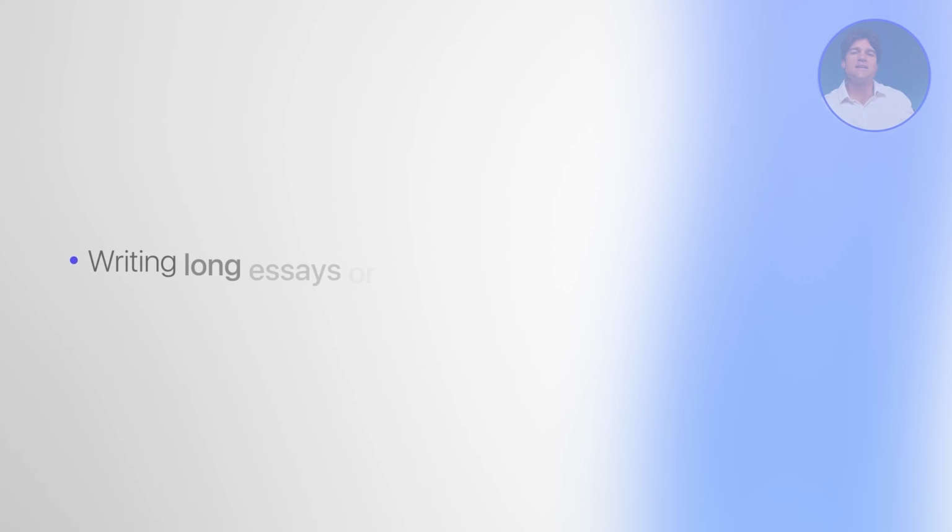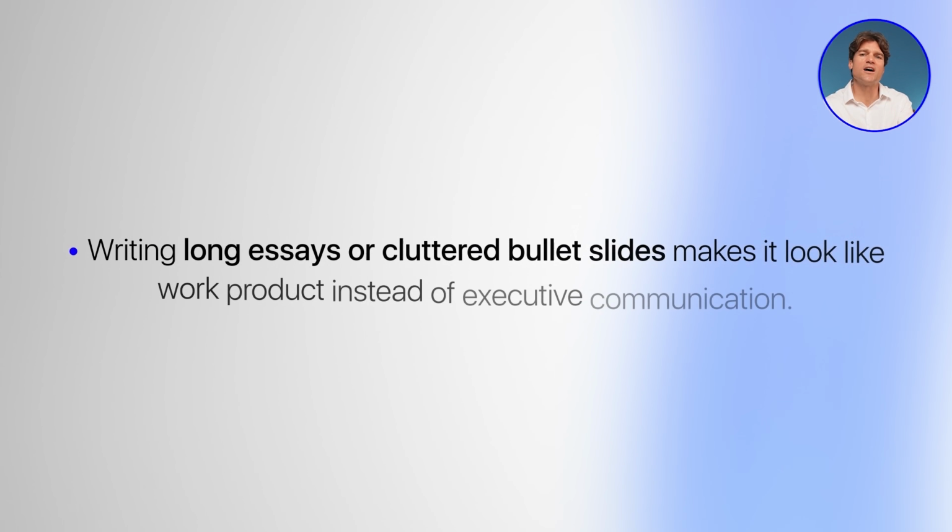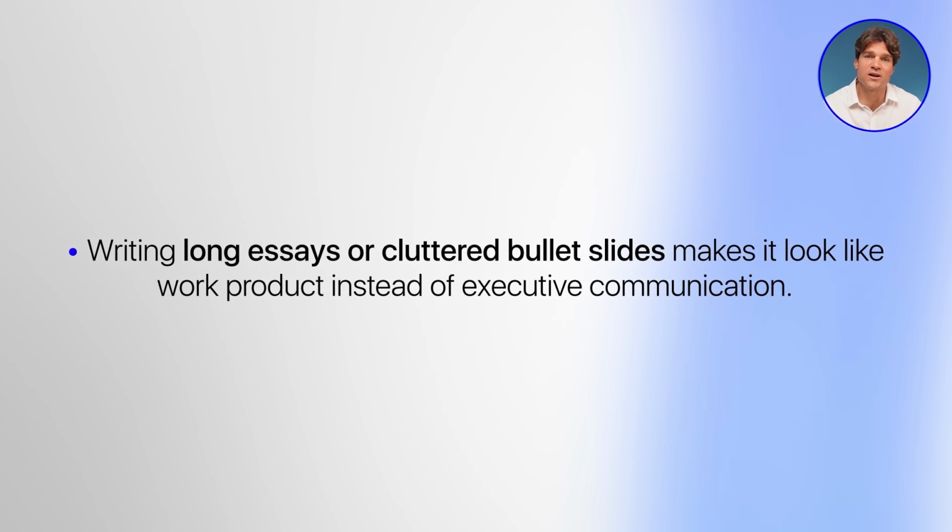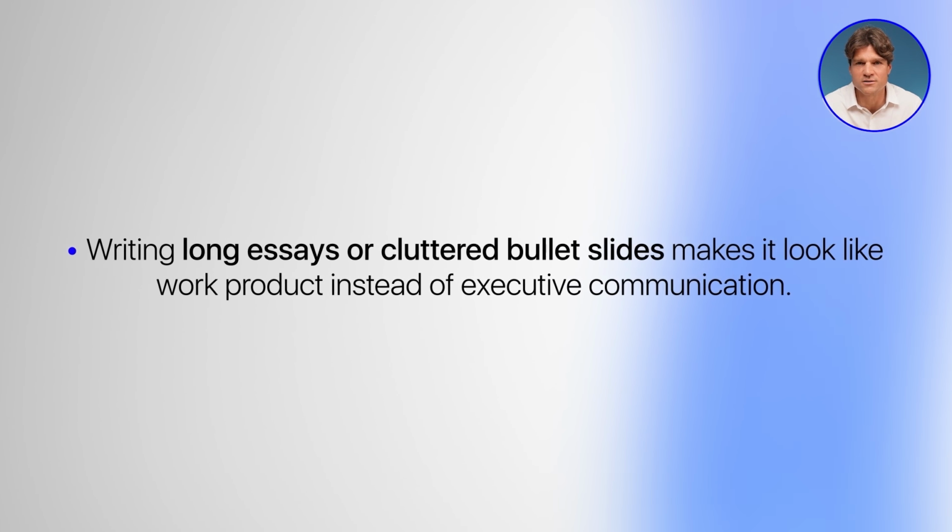So when you dump technical analysis into slides, or when you use casual language, it gives an unprofessional impression. On the other hand, writing long essays or cluttered bullet slides makes it look like work product instead of executive communication.